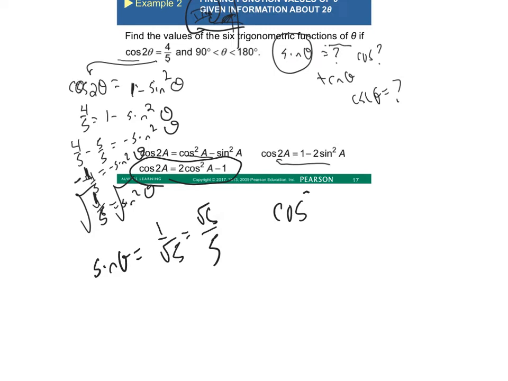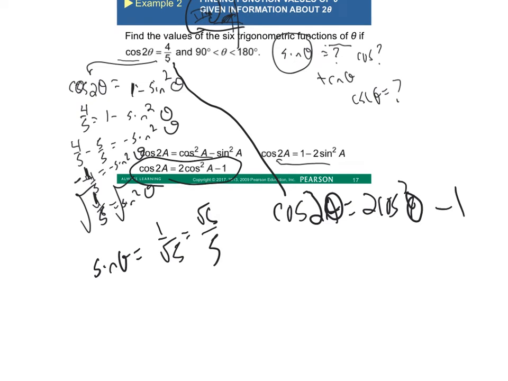Cosine of 2 theta is 2 cosine squared theta minus 1. Again, I'll use the same answer. 4/5 equals 2 cosine squared theta minus 1.